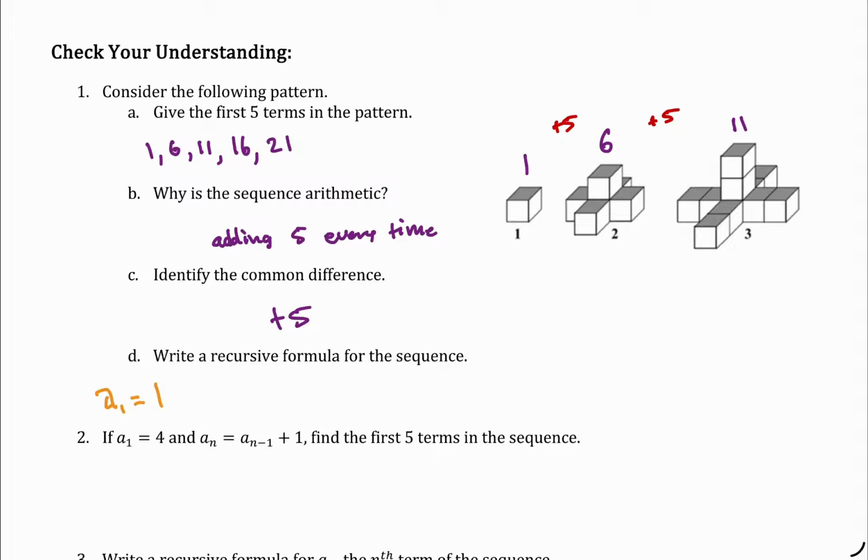So remember, it looks like A sub n is equal to A sub n minus 1, and then plus or minus our difference. So our difference is plus 5, so it's A sub n minus 1 plus 5. And that would be the formula for this sequence.